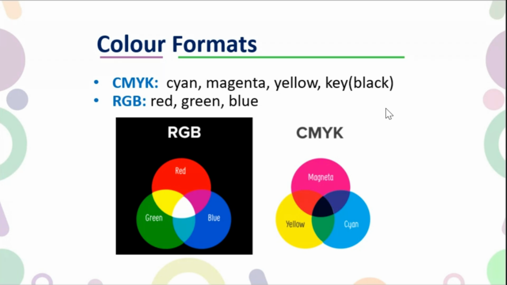That means your design was for screen only. If you are designing for websites or any screen display, that's when you use RGB. But if you are going to print it, it is advisable to use what? CMYK.